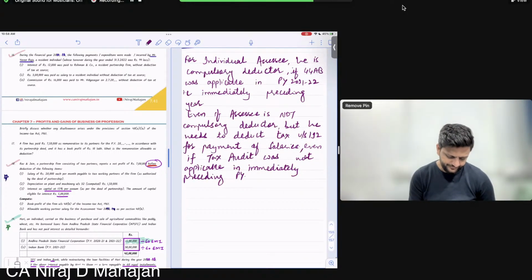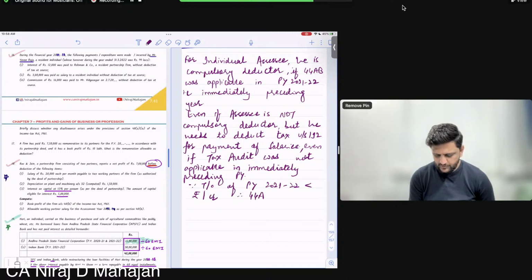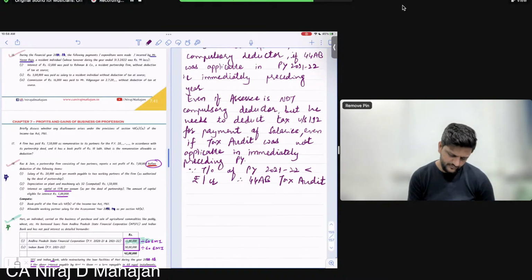Next line. Since turnover of PY 21-22 is less than rupees 1 crore, therefore 44AB tax audit was not applicable. Yes, let's go.